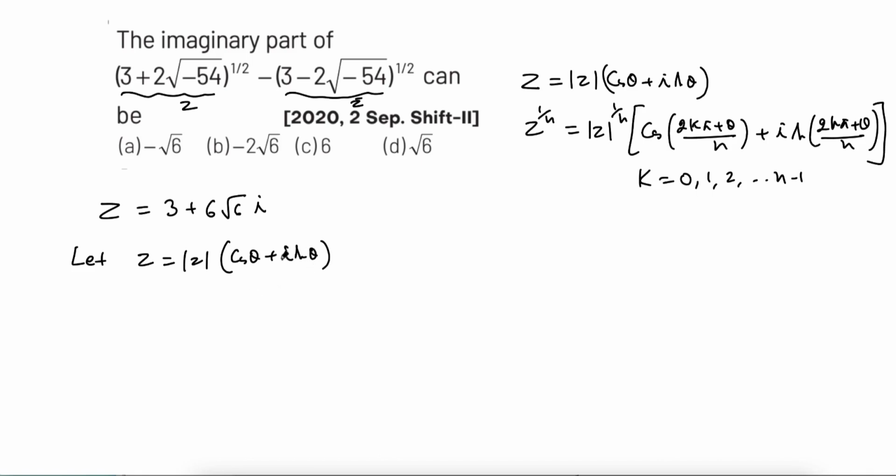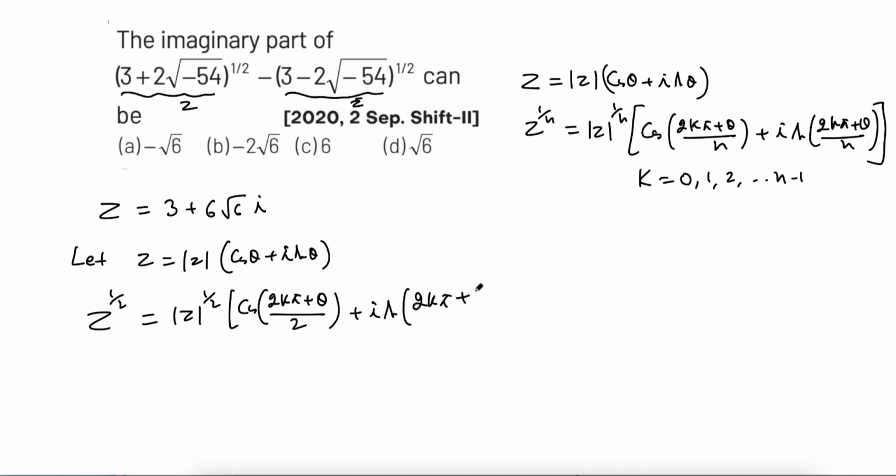Right now I am not writing it out unnecessarily, it will become complicated. Let's do it the general way so that you can understand the general form. So here we are trying to calculate z to the power 1 by 2. So z to the power 1 by 2 will be what? Mod z to the power 1 by 2 into cos of (2k pi plus theta) by 2 plus i sin of (2k pi plus theta) by 2.